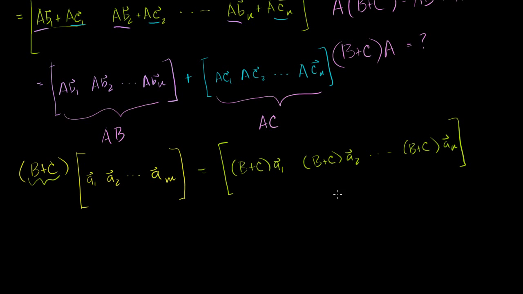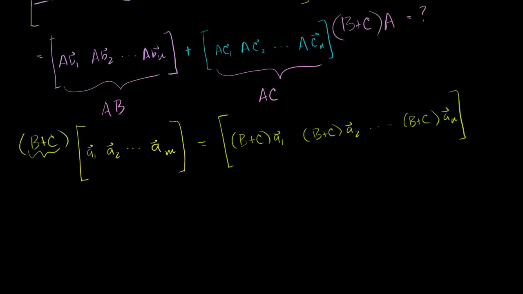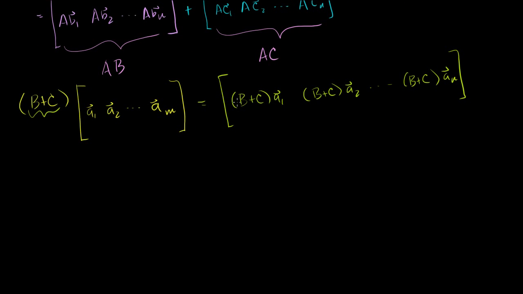And it was many videos ago that I think we showed that matrix vector products are distributive. So we can just distribute this vector along these two matrices. And if I haven't proven it yet, it's actually a very straightforward proof to do. So we could say that this is equal to B A1 plus C A1.